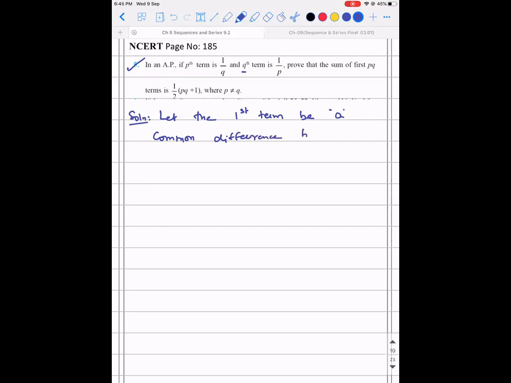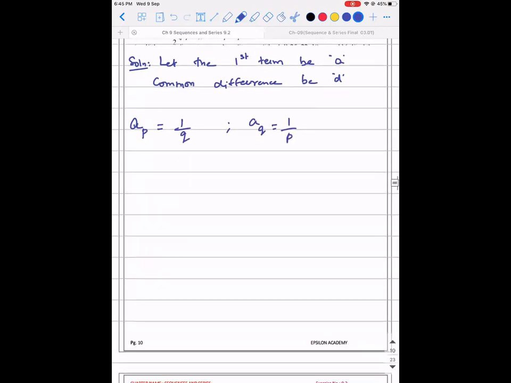Ap is 1 by q, aq is 1 by p. So ap is a plus (p minus 1) into d, which is 1 by q. aq is a plus (q minus 1) into d, which is 1 by p.